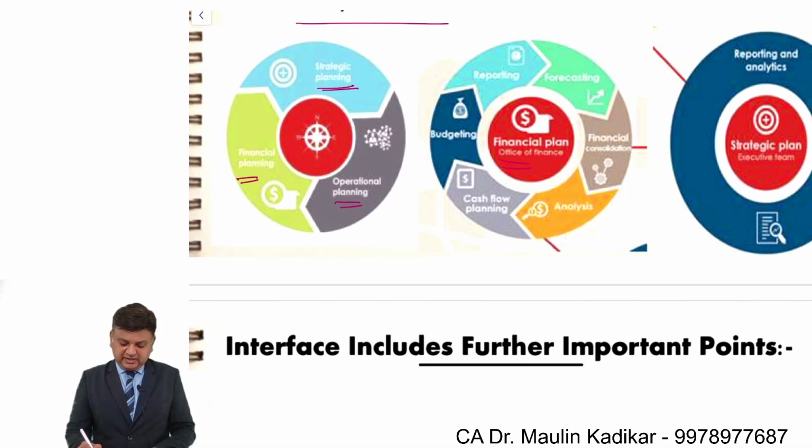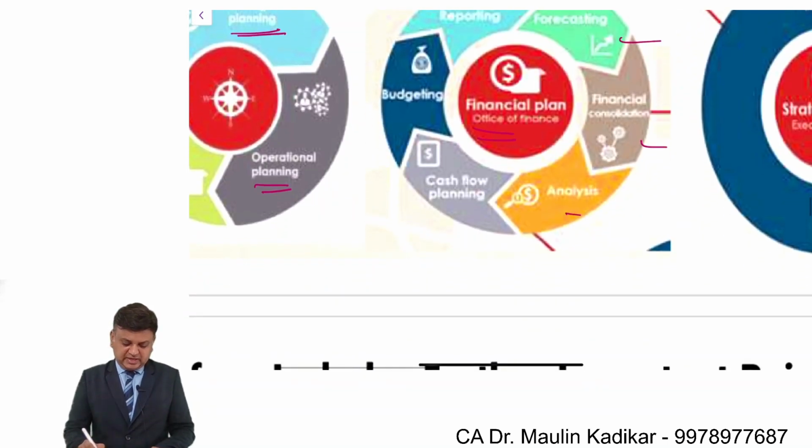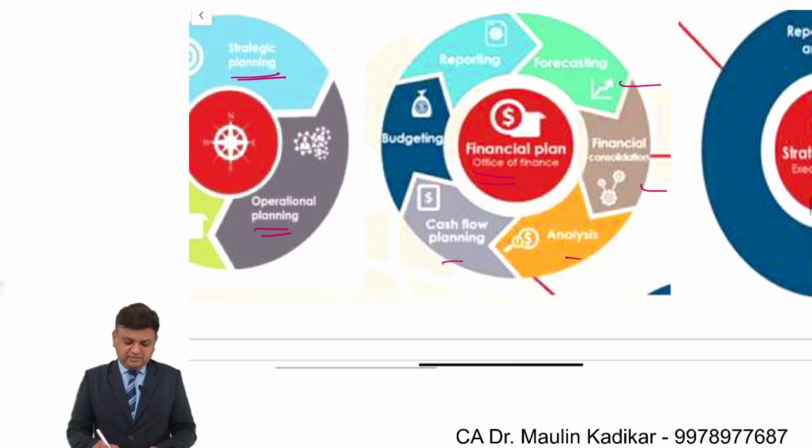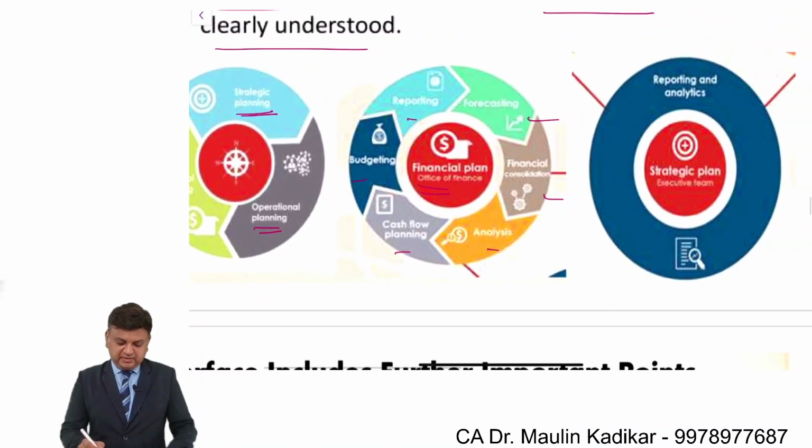In financial planning, it comes to forecasting, financial concentration, analysis, cash flow, budgeting, reporting. All these will come in the financial planning, and in strategic planning, the reporting and analysis.